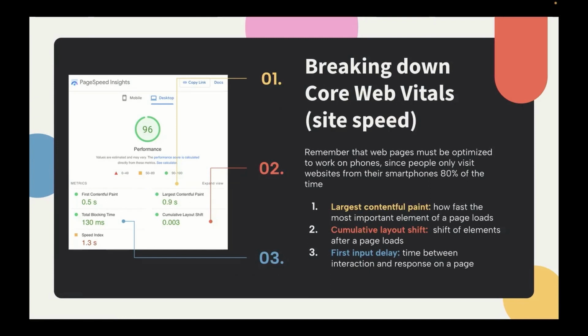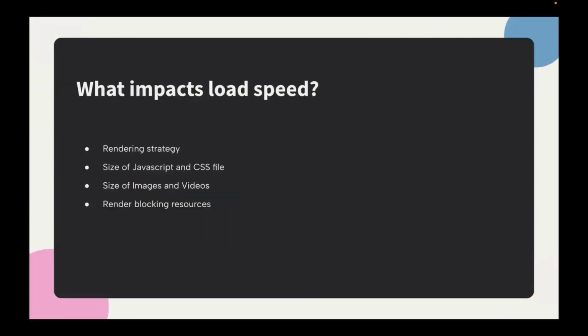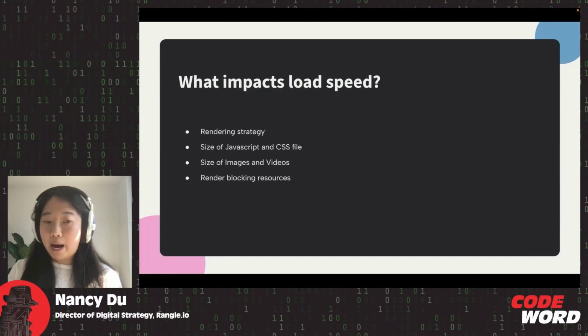The last one we have is First Input Delay. That's the time between an interaction from a user on the page and when the page actually responds. Again, for this one, we want to keep the time as low as possible. When it comes to optimization, we're going to be talking specifically about load speed and what impacts load speed.